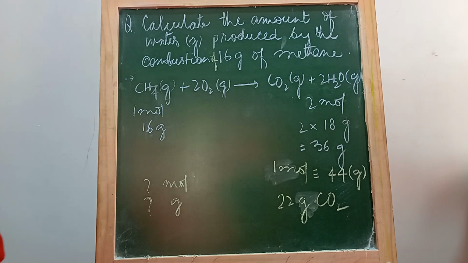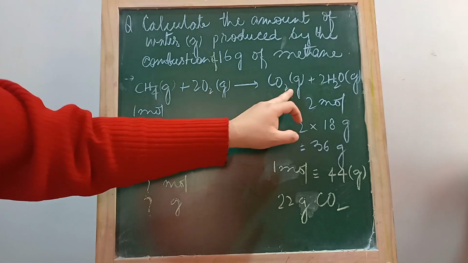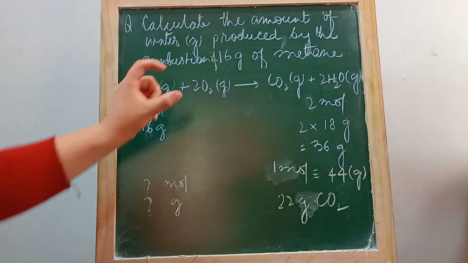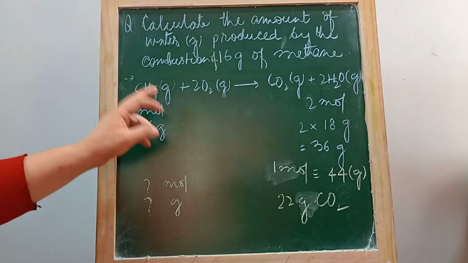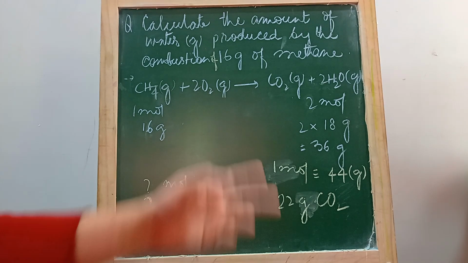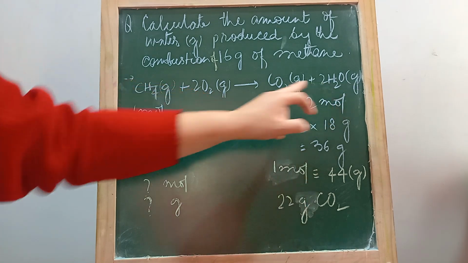a chemical equation, and for that you cannot change the subscript in the formula. The subscript in the formula, this 2, cannot be changed. All you can do is put the coefficient before the molecular formula. So we have balanced this equation before. We put 2 over here, so the number of hydrogen atoms becomes 4.